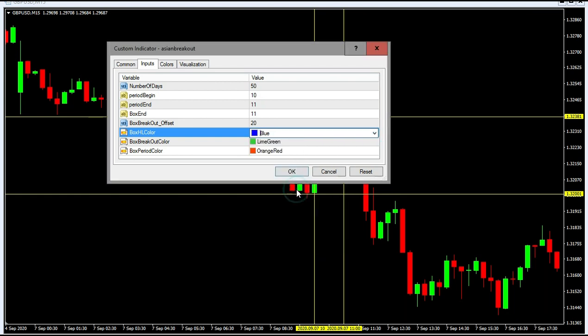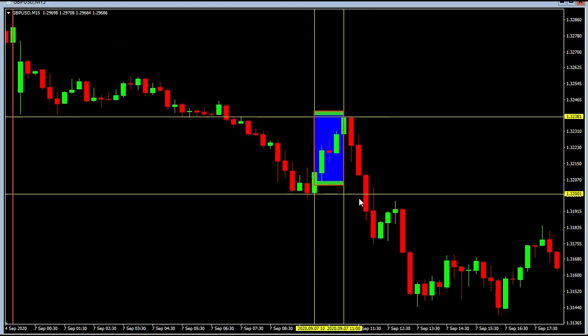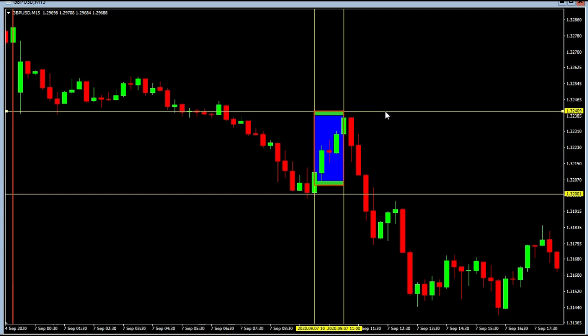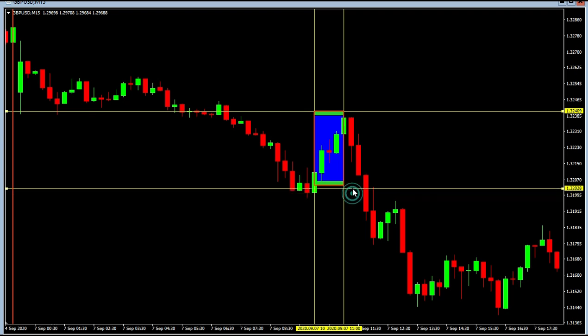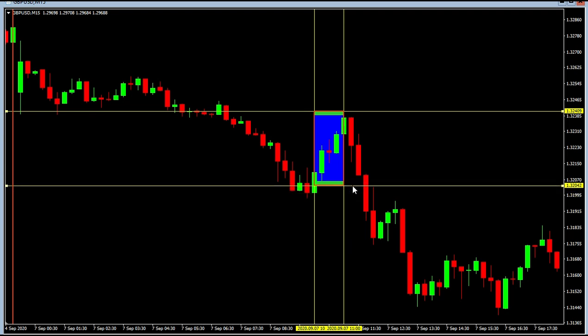And the color, we're going to change it to blue so that it's nicely visible. And the green one is the offset, 2 pips above and 2 pips below. There it is. So this is the high with the 2 pips, and this is the low.